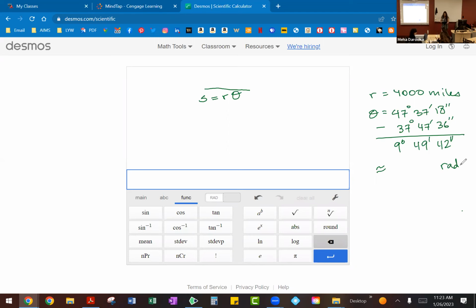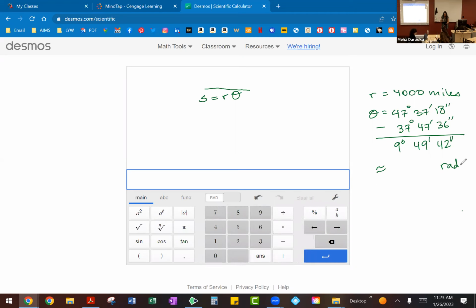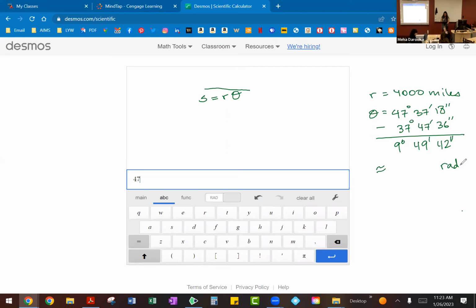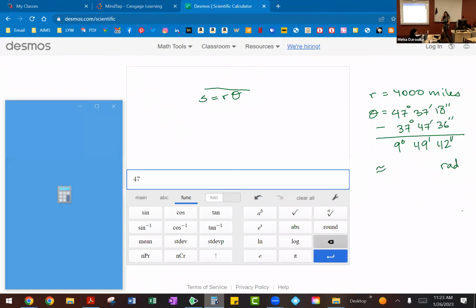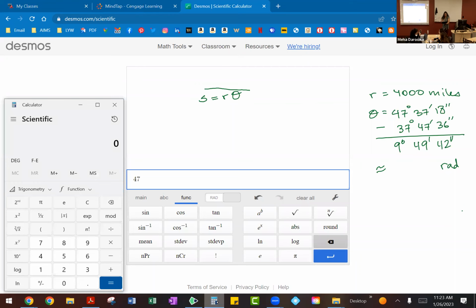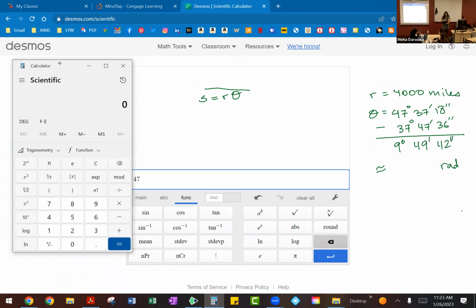I am really stumped by Desmos, kind of disappointed that I'm not seeing what I need to see. Let's see if the calculator itself has something here.